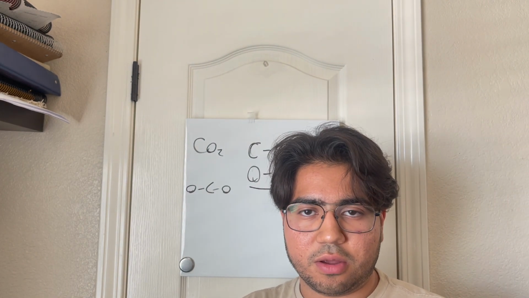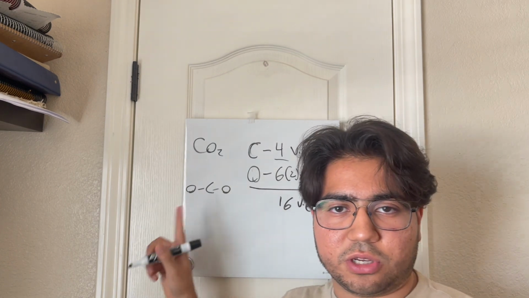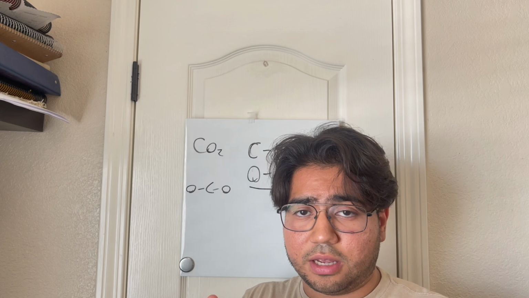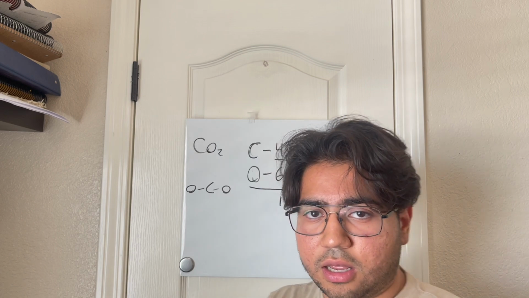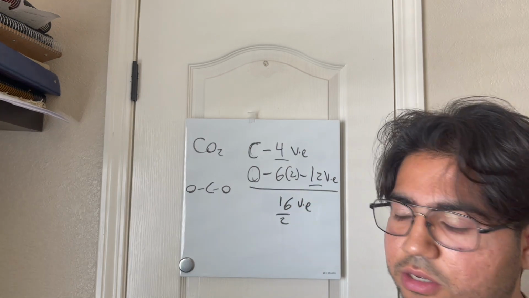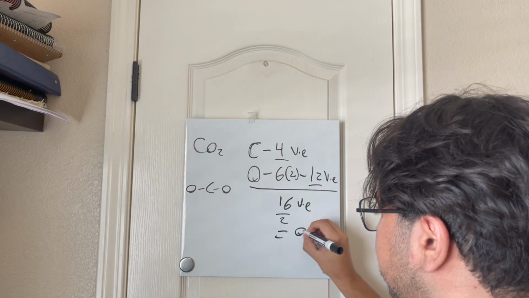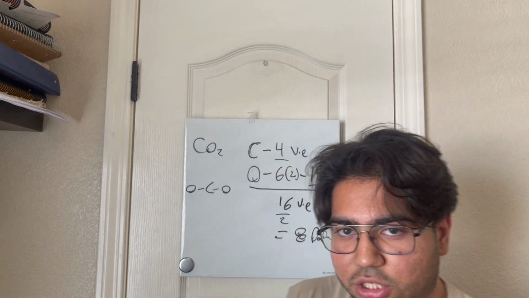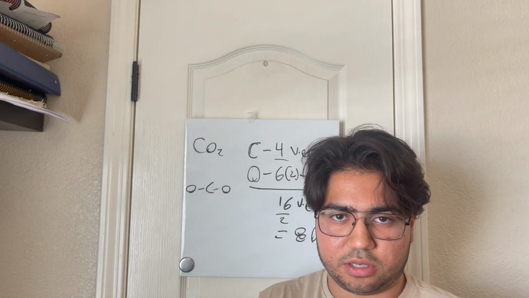Each dash is going to represent 2 electrons, just like this bond represents 2 electrons. So I'll just divide this number by 2, and we just need 8 dashes. Again, each dash representing 2 electrons.